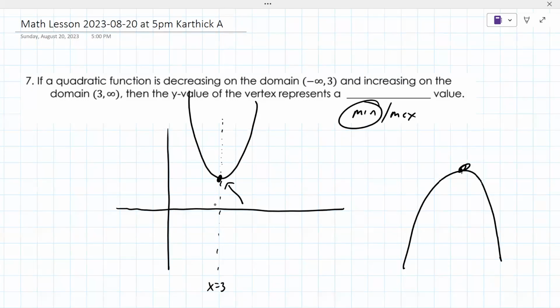So you can basically tell by the increasing and decreasing: if the increasing starts at negative infinity, then it's the maximum, and if the increasing starts at the y value, then it's the minimum. Got it. So in this case, it'd be a minimum.